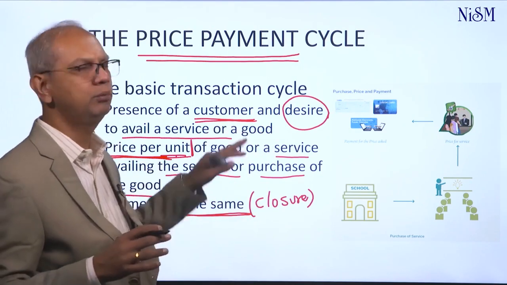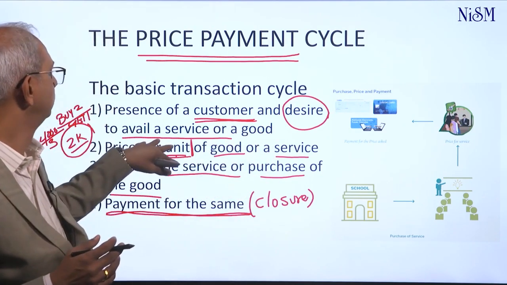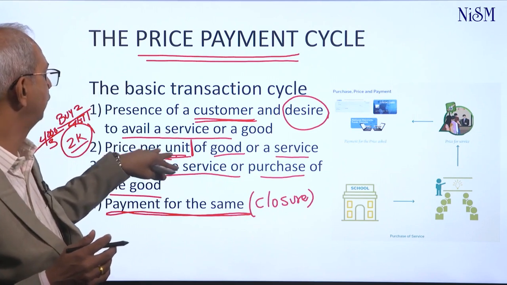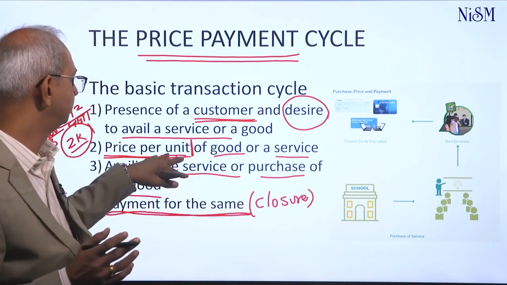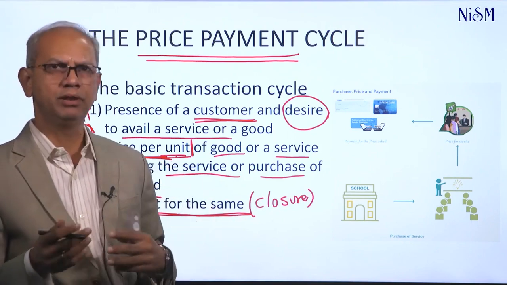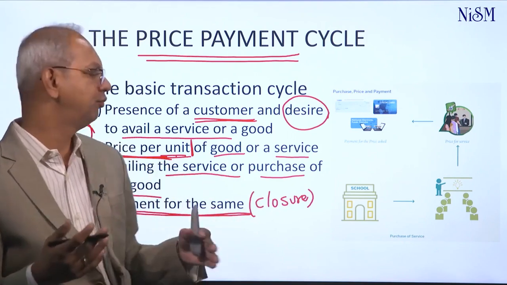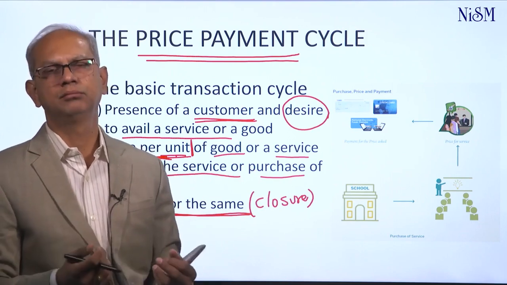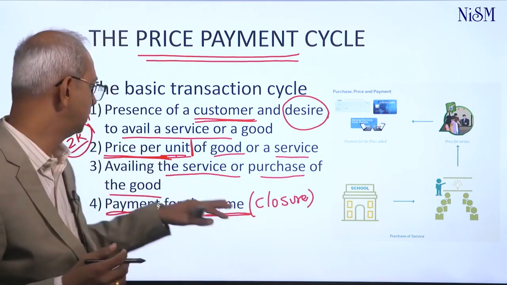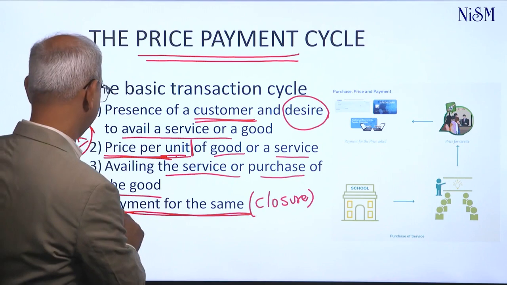The desire, you become the customer, you go to the market, you find out whatever you are interested in, right, what is the price per unit of that. If you think that it is value for money, then you would obviously avail that. If you are in a store, you take physical possession. And then finally, this is a critical element, right?